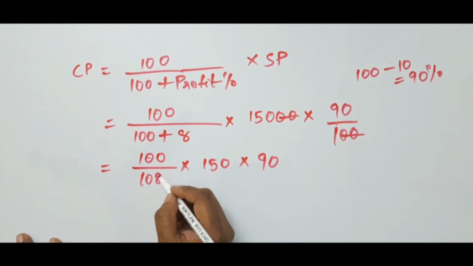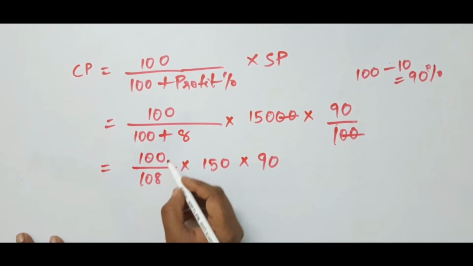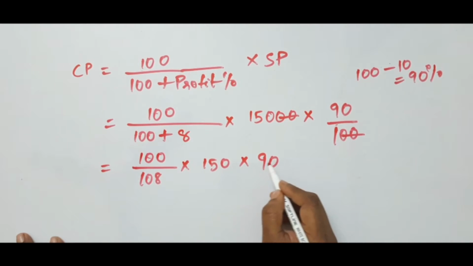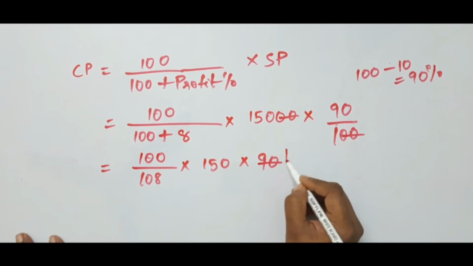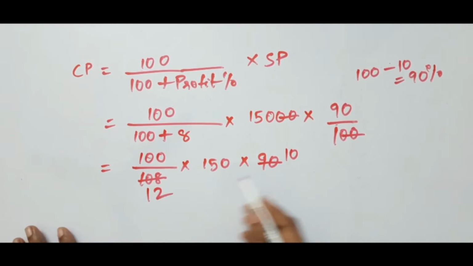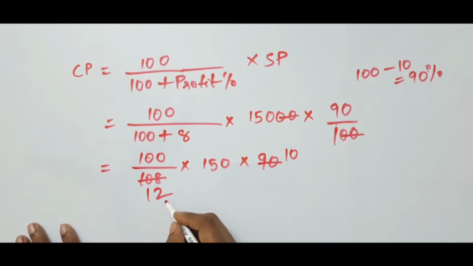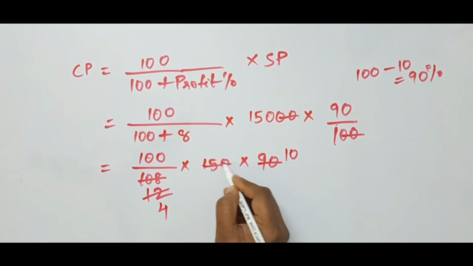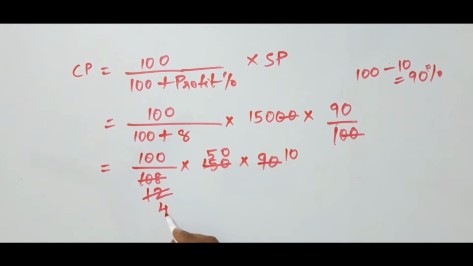Now let us do the simplification. 90 tens and it is 12s. 9 tens and it is 12s, is it not? Now let us go with the 3 table: 3 4s and 3 5s. Now let us go with the 4 table.